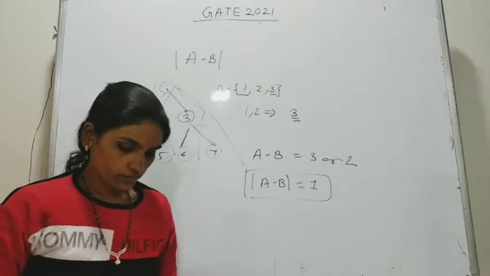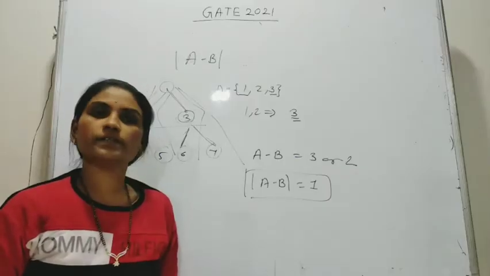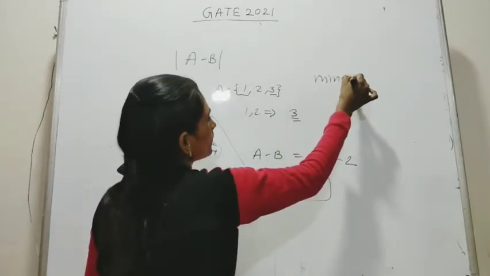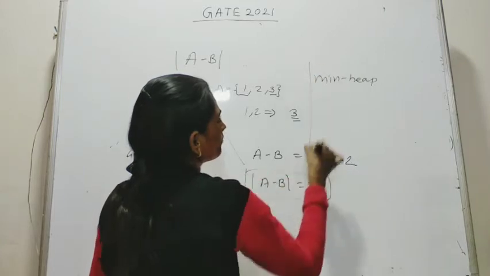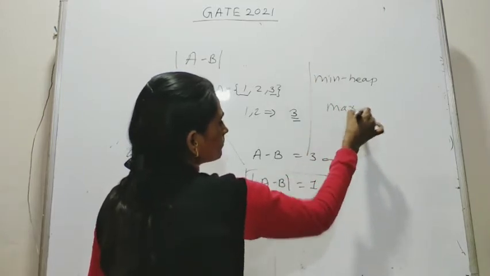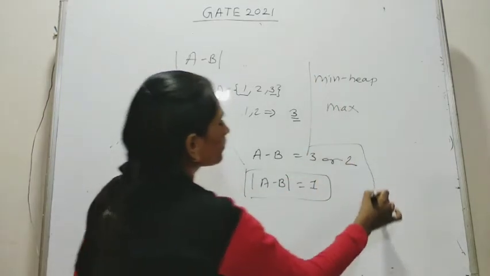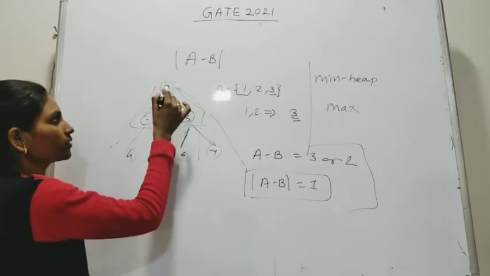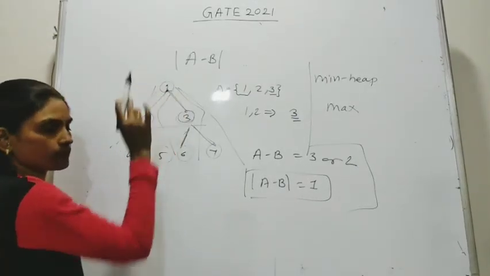Another question is given: what is the worst case time complexity to find out the maximum element from the min heap? Suppose this is the min heap, for example.